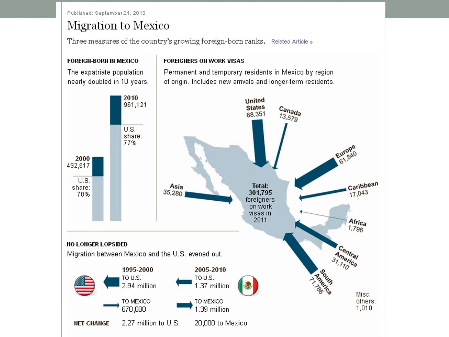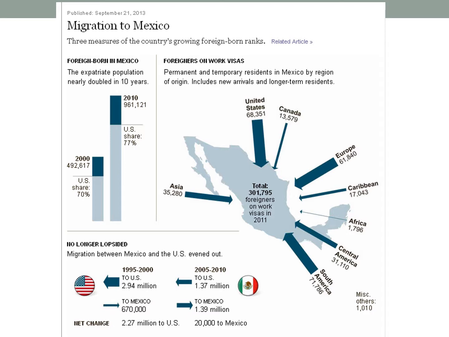And so, is this a reflection of the level of development between these two countries? Because the interesting thing is, not so much a reflection of the United States, but certainly a reflection of Mexico. Mexico has become much more developed over the last 15, 20 years. And as a result, do we see changes in migration as countries become more developed? And the answer is unequivocally yes.